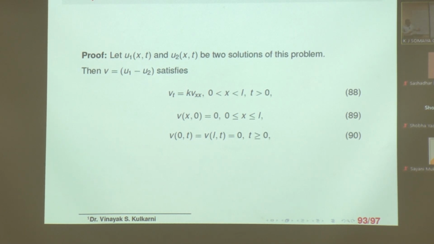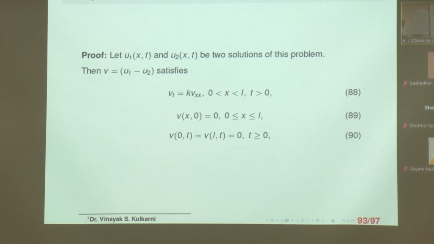If u1 is a solution and u2 is a solution, v is also going to be a solution, and therefore v will satisfy the corresponding boundary value problem, with u replaced by v. The initial condition will change, because v is nothing but u1 minus u2. The u1 initial temperature is f of x, the u2 initial temperature is f of x, and therefore v will be f of x minus f of x, so a zero initial condition. That I will have to take care of. Otherwise, this is the description of the boundary value problem.